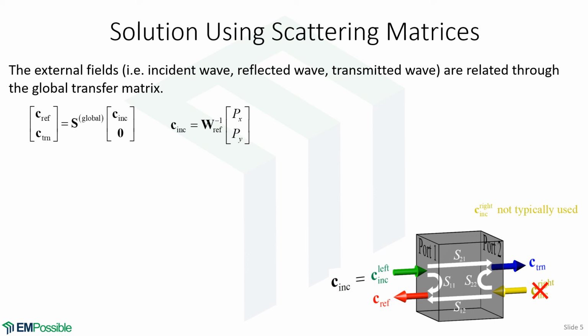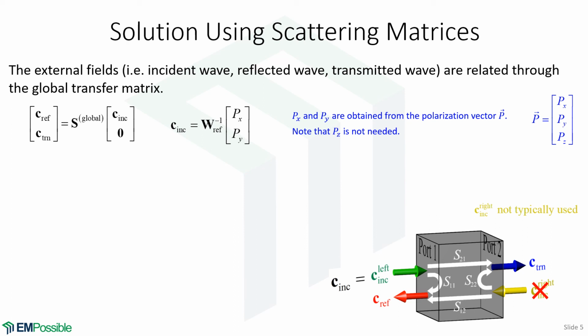So in order to go from field terms to mode coefficients, we have to pre-divide by the eigenvector matrix of the electric fields, because these polarization terms are electric field quantities. So given this polarization vector we talked about in a previous slide, we pre-divide by our eigenvector matrix, and we can calculate the mode coefficients of the incident wave.